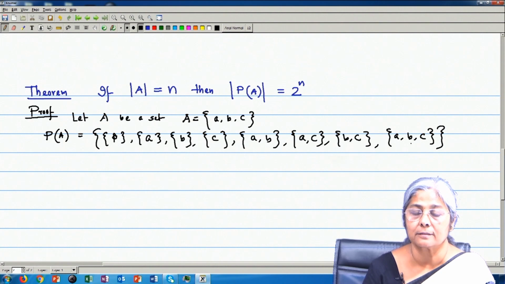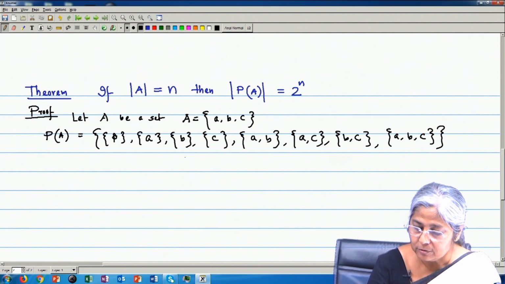Now, if we observe, there are two different classes. What are those subsets?